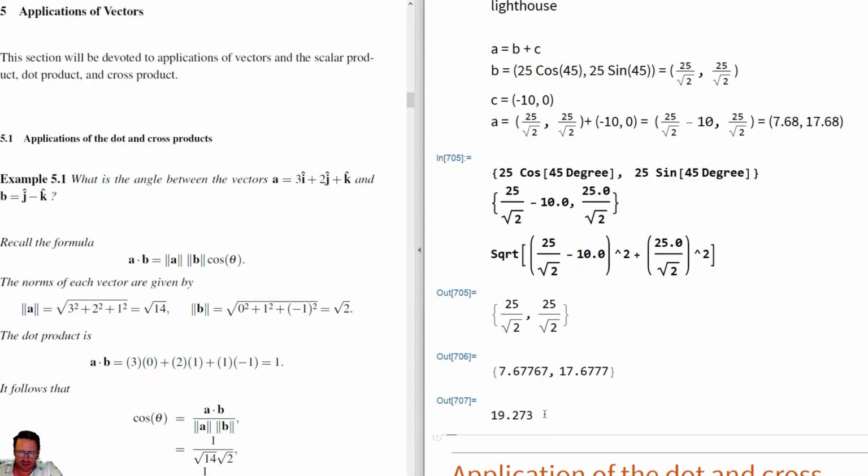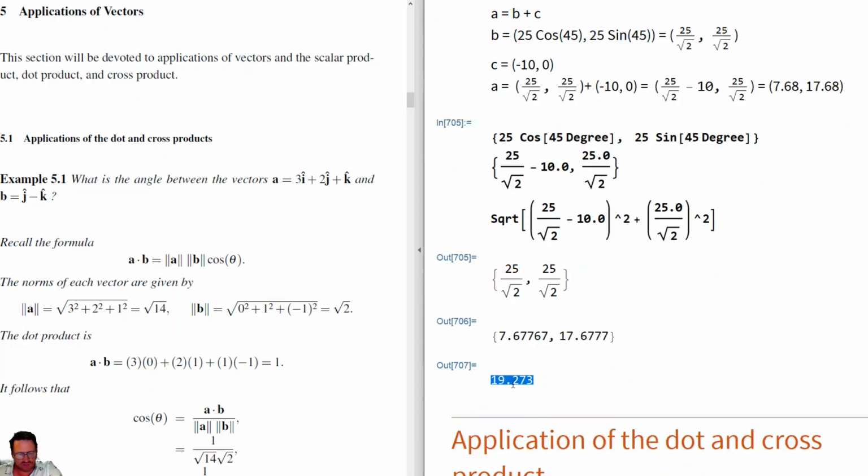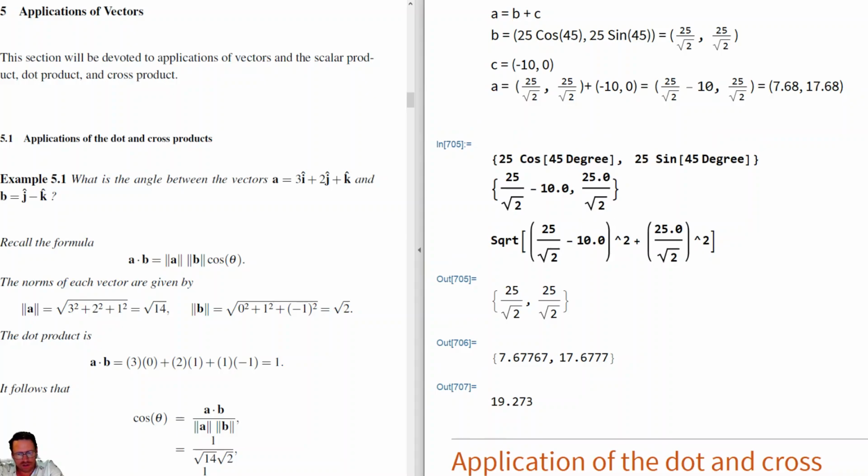All right, and we get 19.273 for that. If I'm rounding this to 2 decimal places, then that's 19.27. So I'll say the speed, which is different from the velocity. Note that this over here is the velocity.